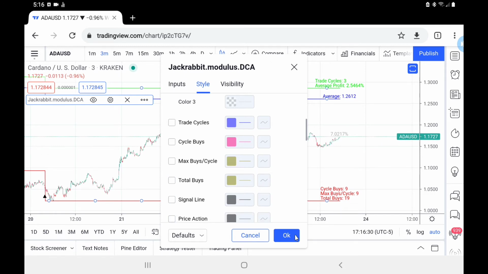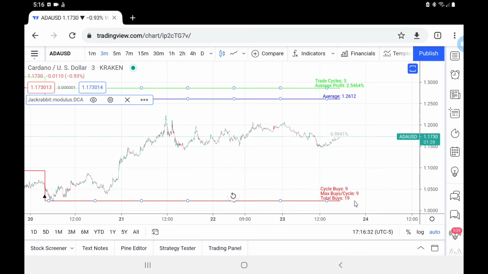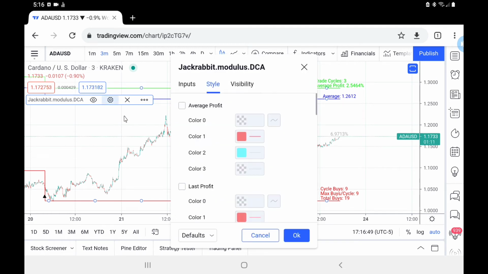Okay, you see it has a maximum of 9, total of 19, but it channel locks very easily. 3 trades for a 2%. Now let's move to the organic deviation.